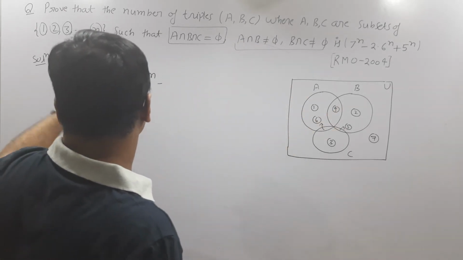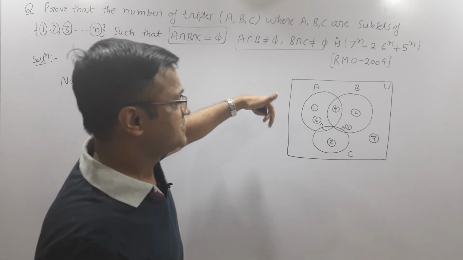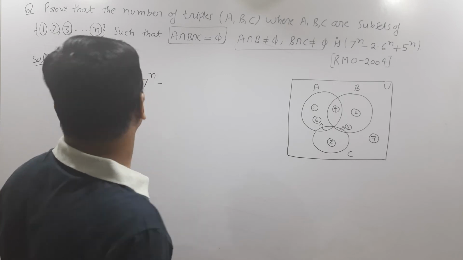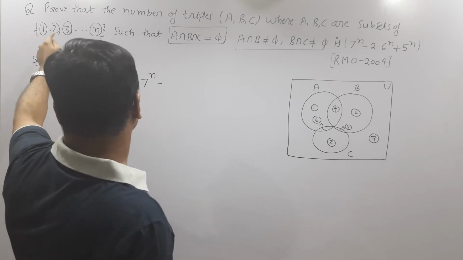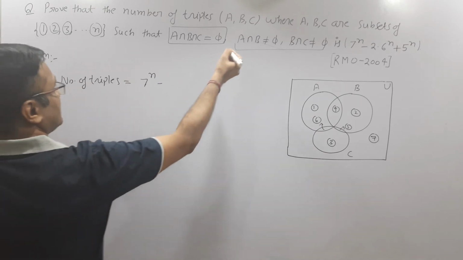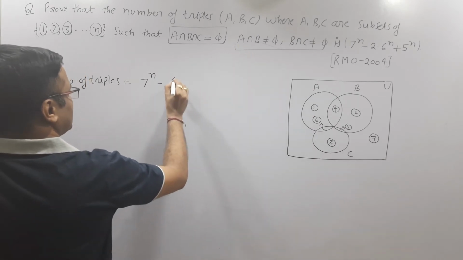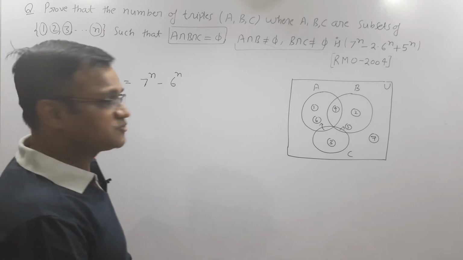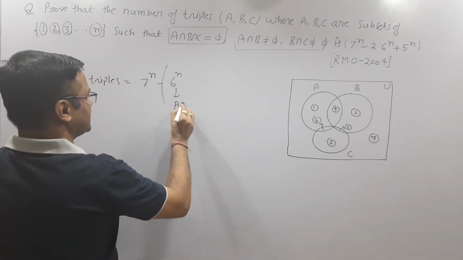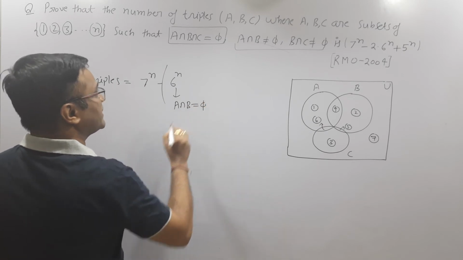So in this case, each element has now 6 possibilities. Now there are 6 regions in which you can put each element. So the element 1 has 6 possibilities, element 2 has 6 possibilities. So when A intersection B is empty, then obviously the number of triples will be 6 raised to the power n. This is the case when A intersection B is empty.